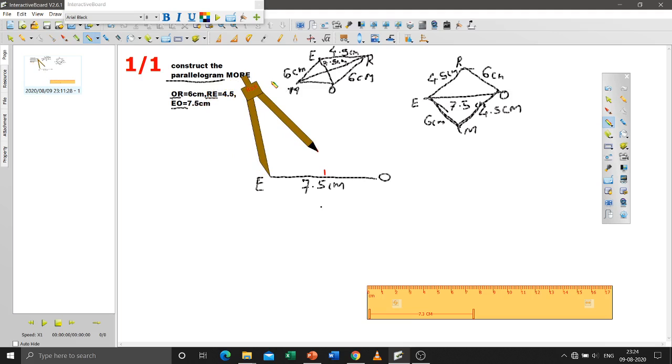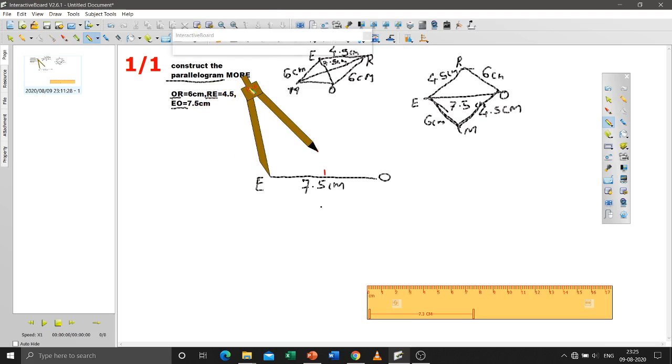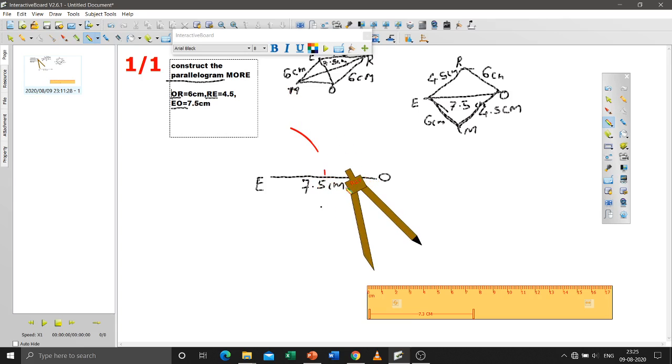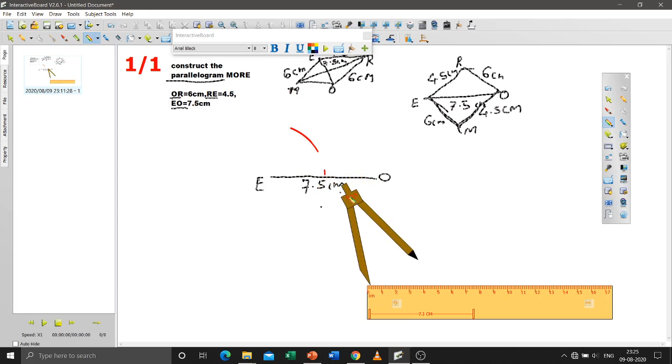Now, by taking O as a center, we want to draw an arc of 6 centimeter. So let us adjust the opening of the compass to 6 centimeter. You can see we are adjusting our compass to 6 centimeters.